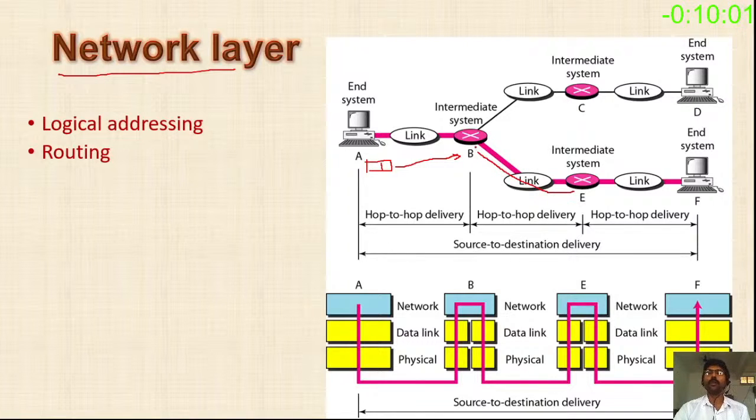It just forwards that packet to E. E also knows where F is located and forwards it to F. So the same packet is delivered from A to F. This is called source to destination delivery. That is actually the main job of the network layer.